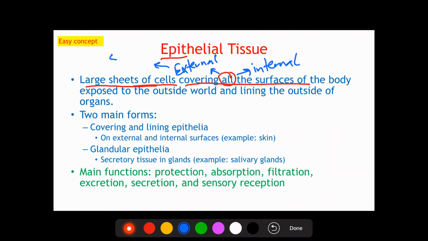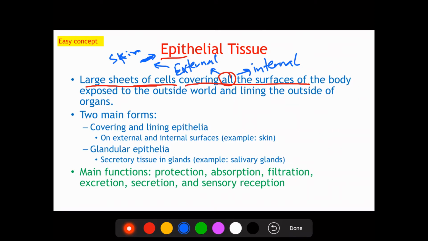External, you can think of the skin. We will see it in the coming chapter. Basically, the outer layer of our skin is epithelial tissue. So we are looking at epithelial tissue when we are looking at each other, if you want to put it in this way.